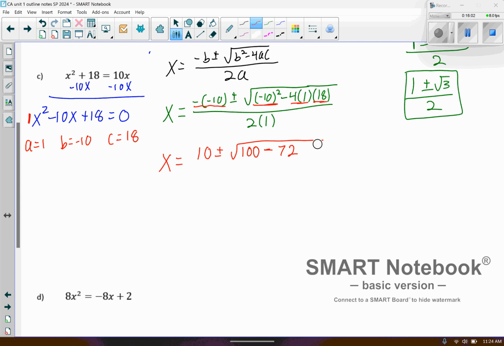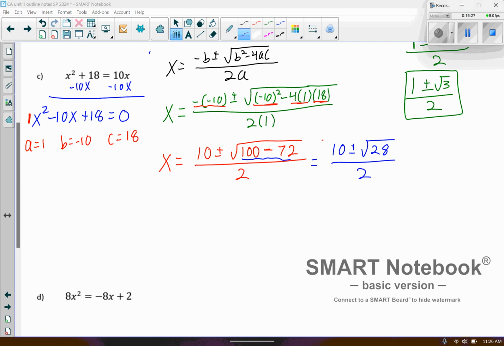Okay. And then the denominator, 2 times 1 is 2. And now we need to go ahead and subtract that right there. So we're going to end up with 10 plus or minus the square root of 28, and then divided by 2.